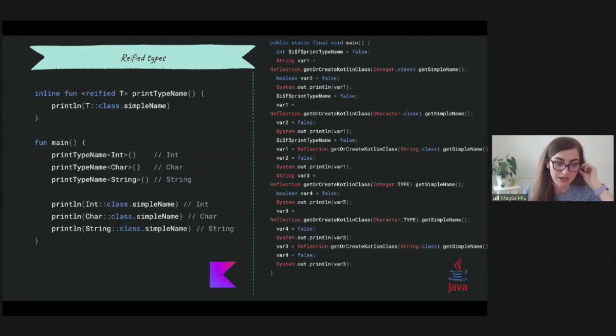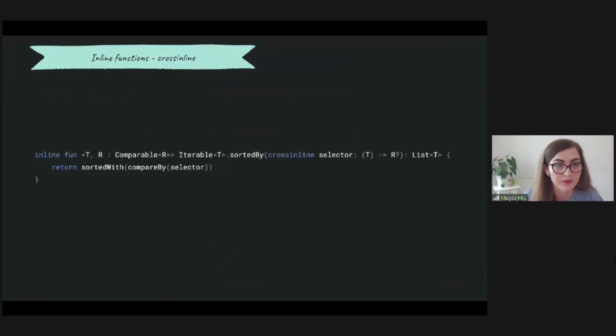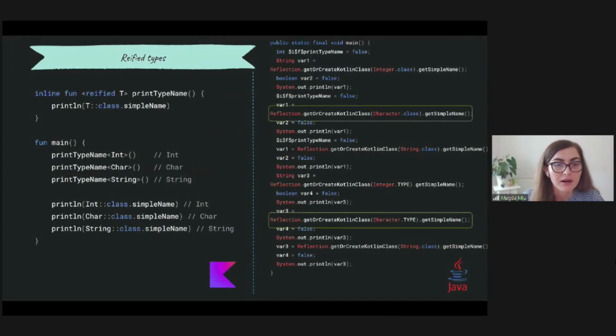Reified types are very helpful when we need to access a type passed as a parameter. What happens is that, by using the inline modifier, the code of that function is inserted directly in the bytecode.